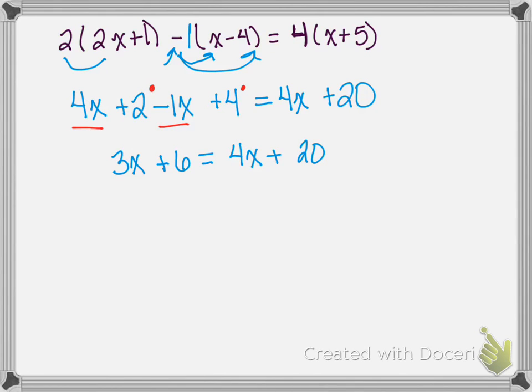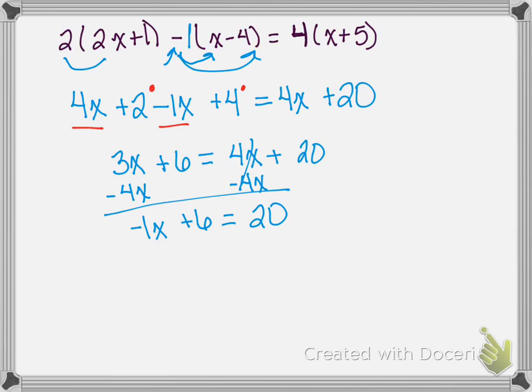I'm going to focus on moving my 4x to the left, because that's going to be important, like we talked about with inequalities, moving that 4x to the left. So I have minus 4x, minus 4x. So I have -1x plus 6 equals 20.